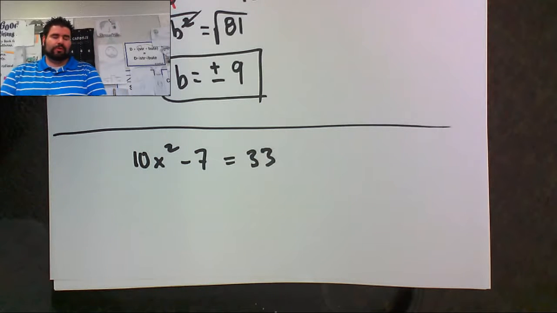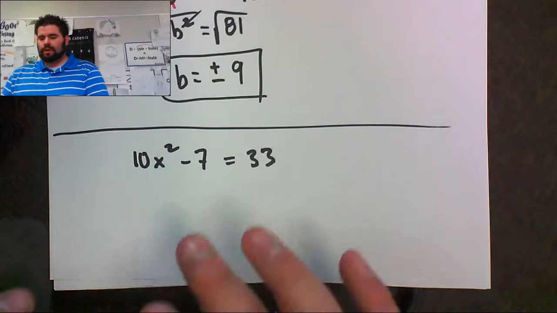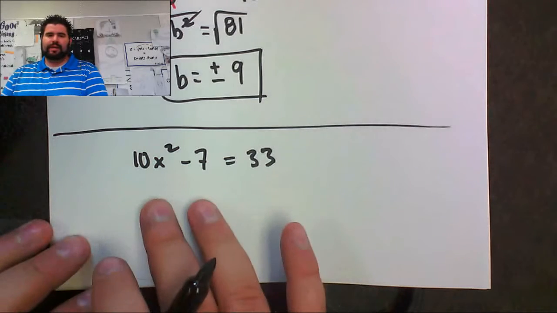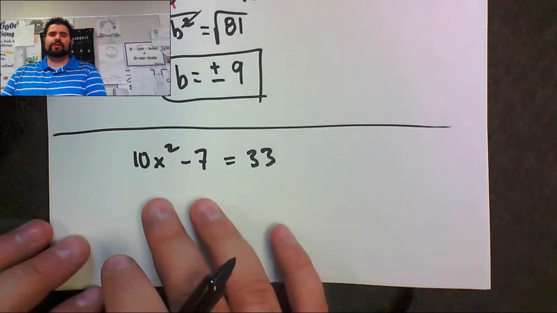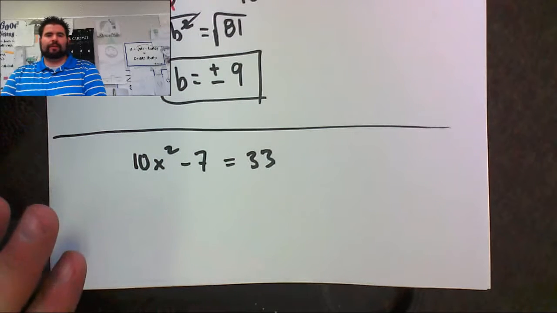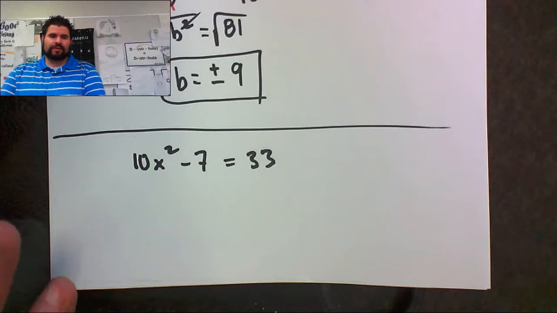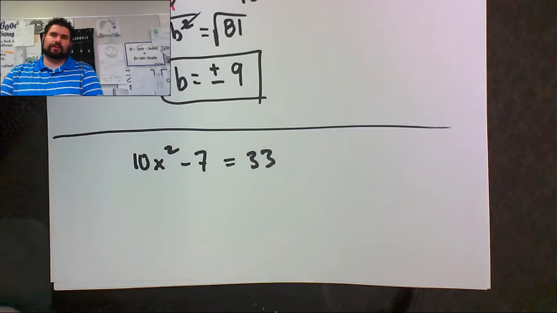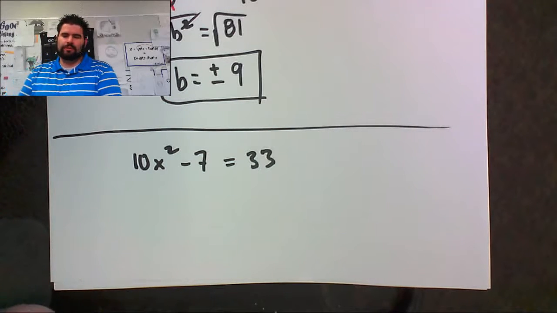Like the order of operations and inverse operations, we're looking for the operations that we see, and then we are going to do the opposite to move them across. Now, in a later video, I'm going to talk about the inverse operations and the order of operations a little bit more. But for now, we're just trying to get the x by itself and learn more about the square root.